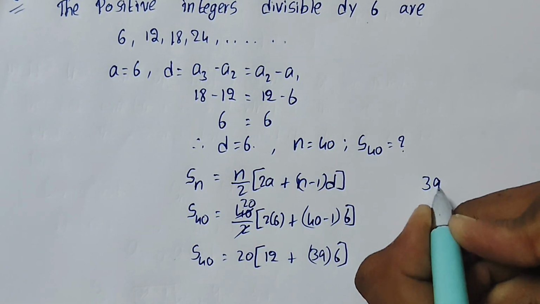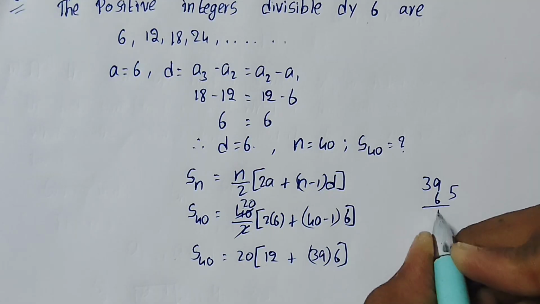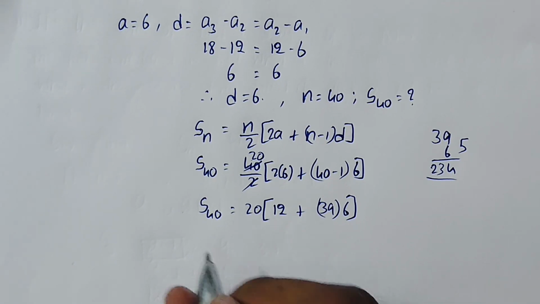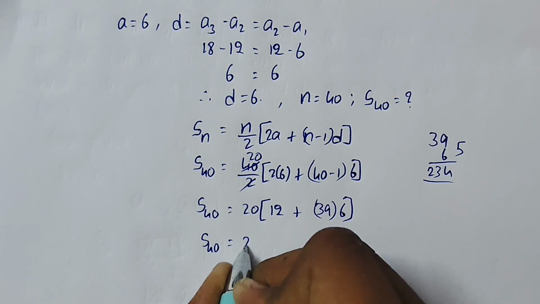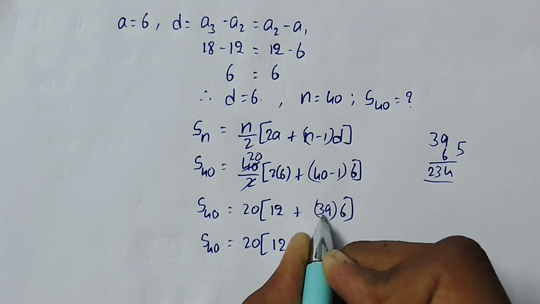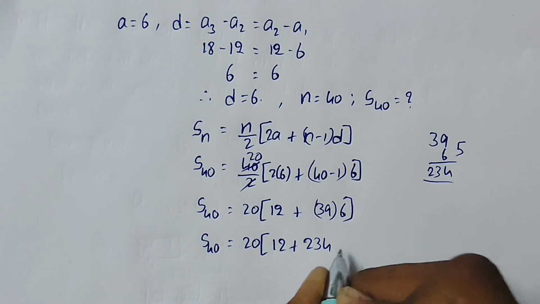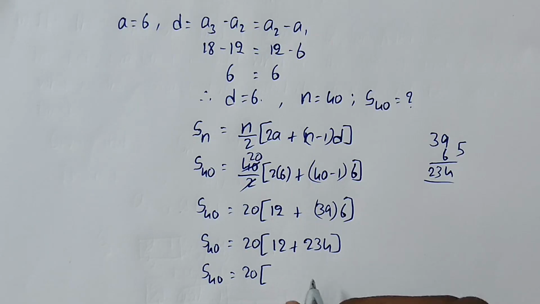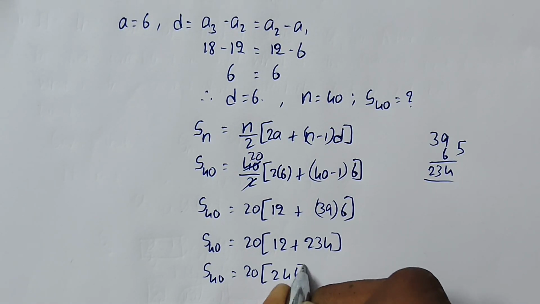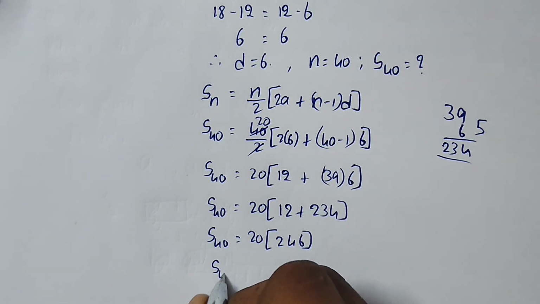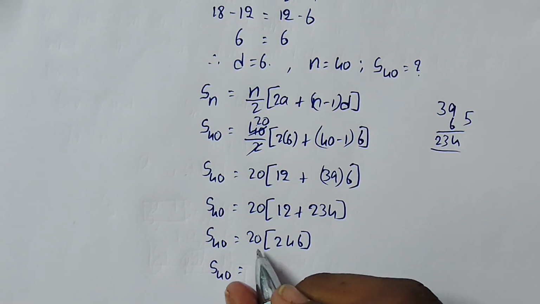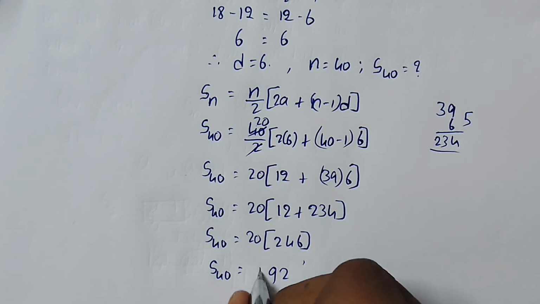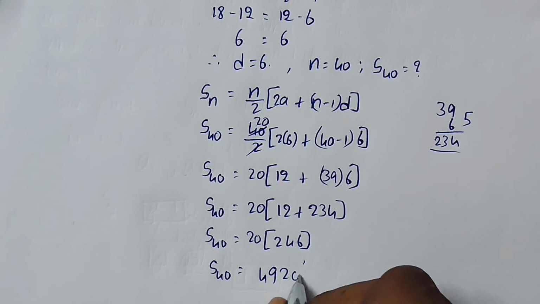So 39 sixes are 6 nines are 54, 6 threes are 18, plus 5 is 234. So the sum of 40 terms is equal to 20 into 12 plus 234, which is 246. So the sum of 40 terms is equal to 246 into 20. 2 sixes are 12, 2 fours are 8 plus 1 is 9, 2 twos are 4. Here there is a 0, so I am going to get the 0.